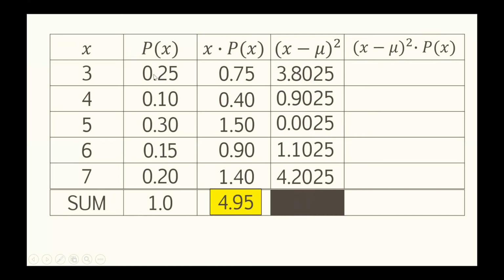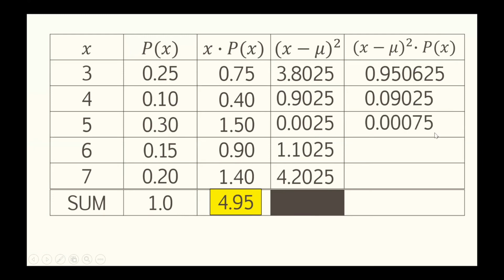3.8025 times 0.25, that is 0.950625. 0.9025 times 0.10, that is 0.09025. 0.0025 times 0.30, that is equal to 0.00075. And then 1.1025 multiplied by 0.15, that would be 0.165375.